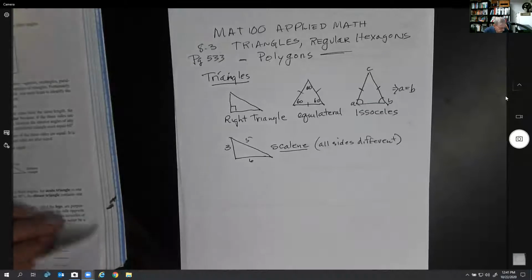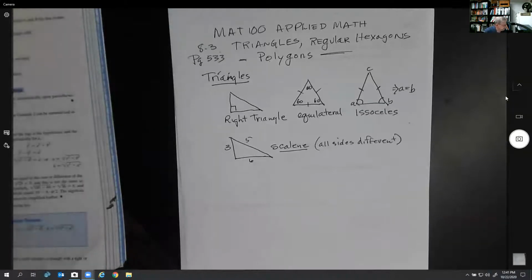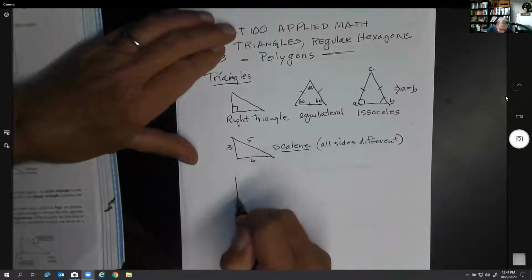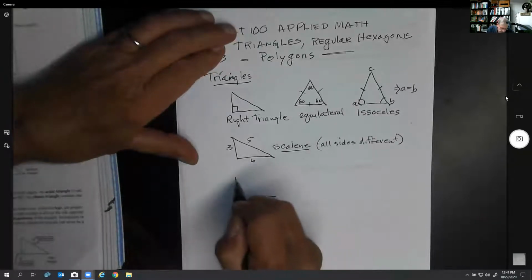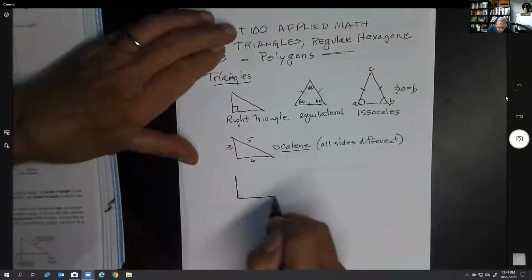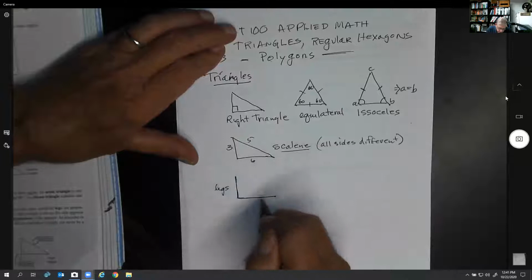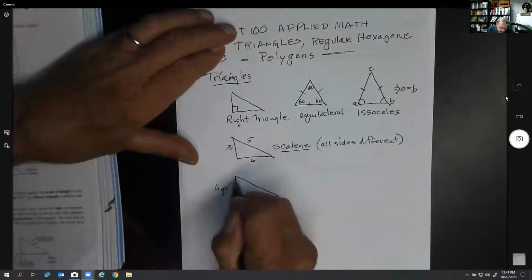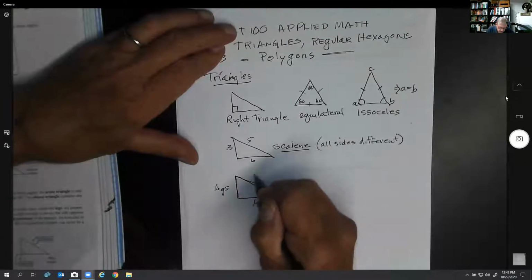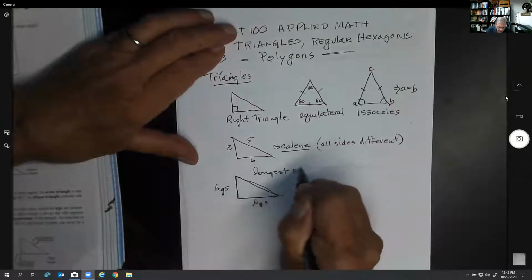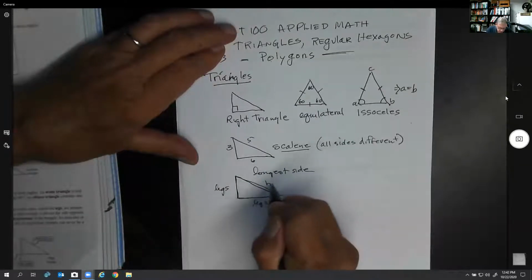So we're going to discuss these a little bit right here. Let's look at a right triangle just a little bit more. These two sides right here are called the legs. And this distance right here from one end is the longest side. The longest side is called the hypotenuse.